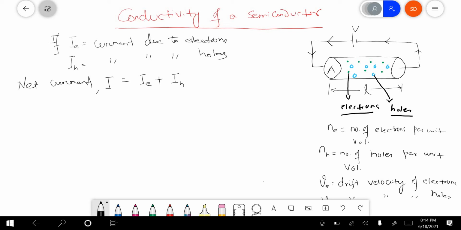From class 12 we know that there is a relation between current and drift velocity. The relation is current I equals N e A v.